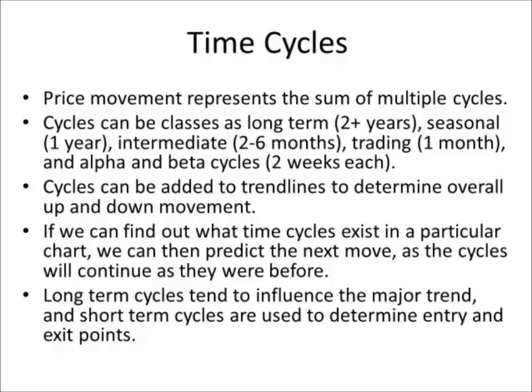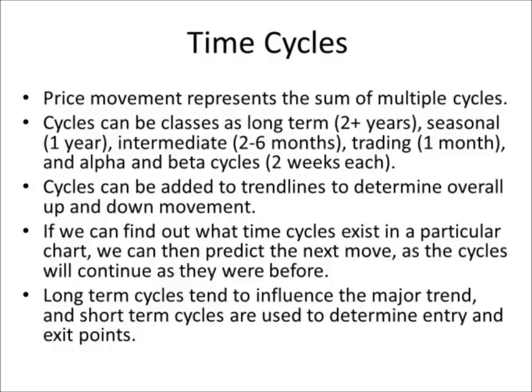So we divide cycles into different categories of length. We have long-term cycles, which generally mean 2 or more years. We have seasonal cycles, which tend to be around 1 year. We have intermediate cycles, which tend to be around 2 to 6 months. We have what are called trading cycles, which tend to be around 1 month.